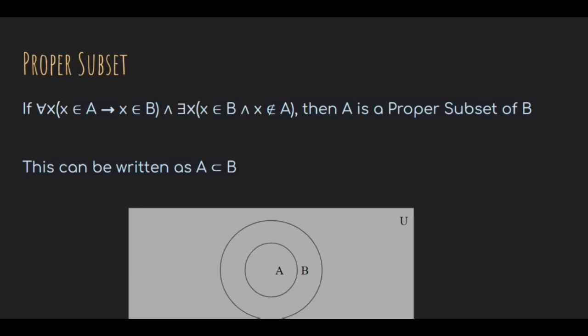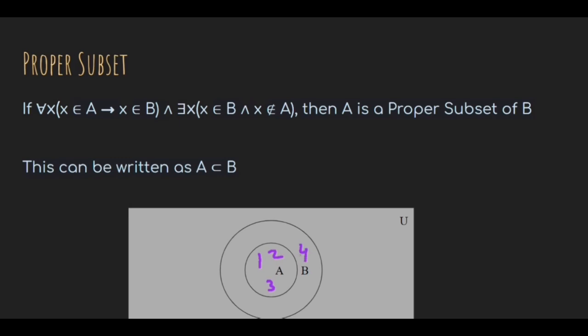Now, the Venn diagram, which we're going to look at in a second. A proper subset is mathematically written like this, which means for all elements x, if x belongs to A, then x belongs to B, and there exists at least one element x in which x belongs to B and x does not belong to A. Which means, like in the last slide, we saw that A contained 1, 2, and 3, but B contained 4.